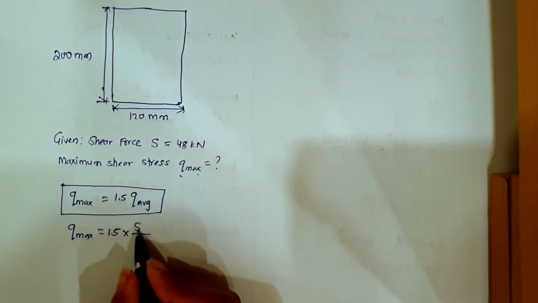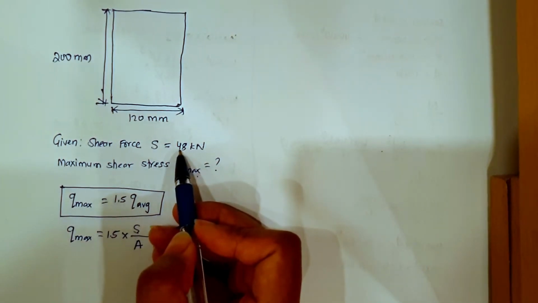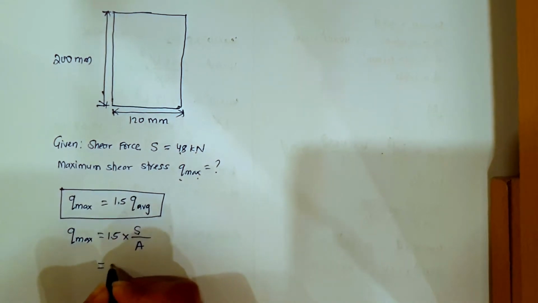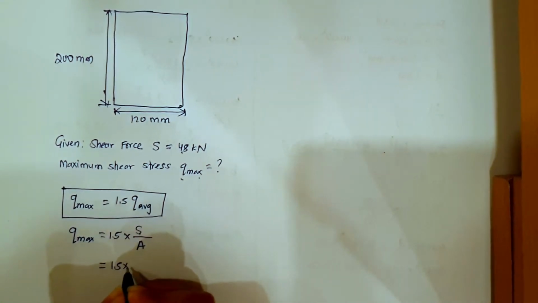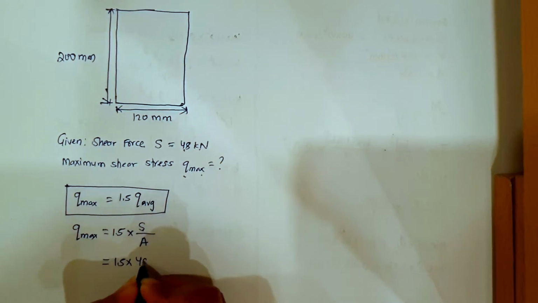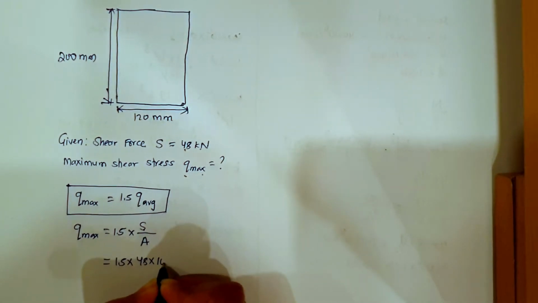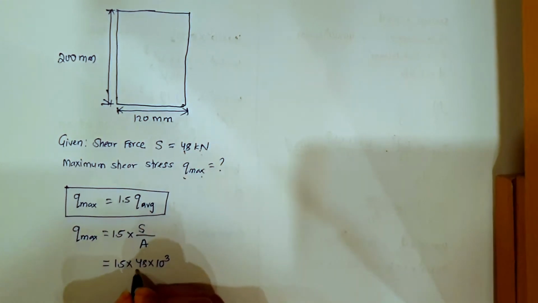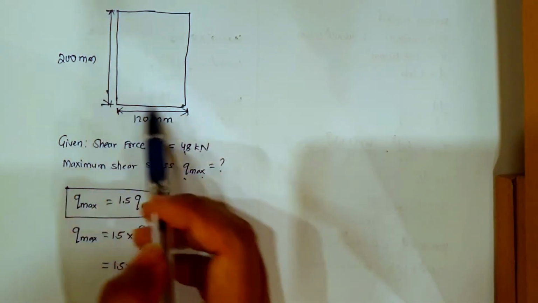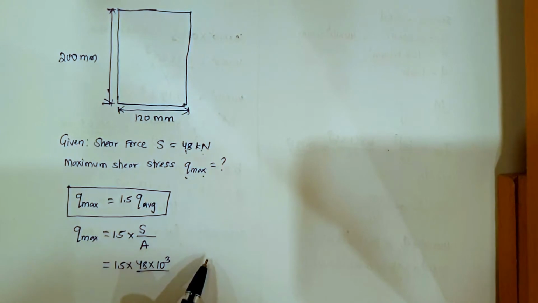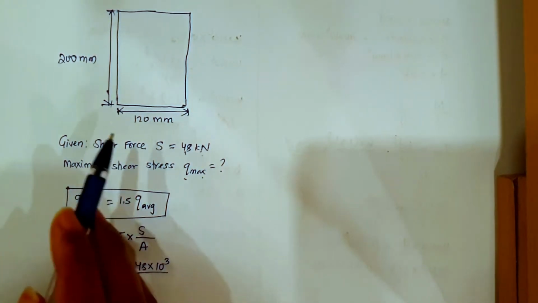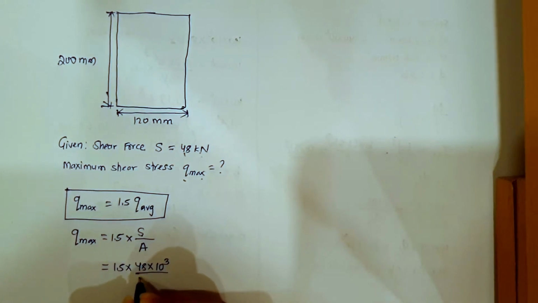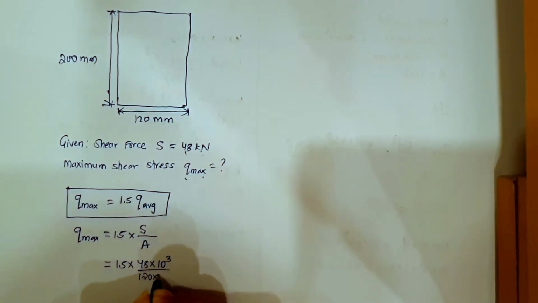Now, how much is the shear force given? Shear force is given as 48 kilonewton. If we convert this into Newton, we get 1.5 times 48 into 10 raised to power 3, divided by the area of this beam section, which is 120 into 200.